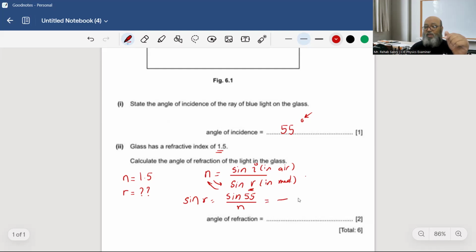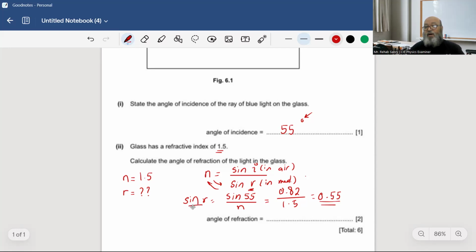Sine 55 from the calculator is 0.82, divided by 1.5, which will be 0.55.